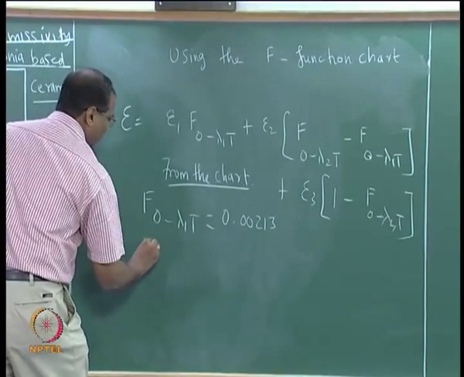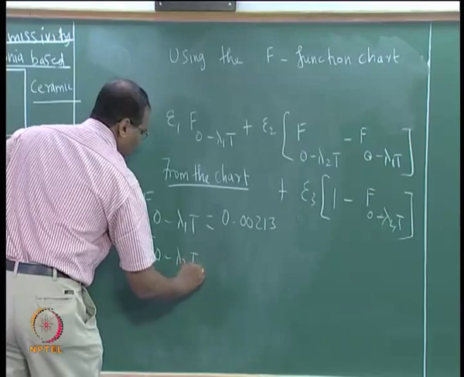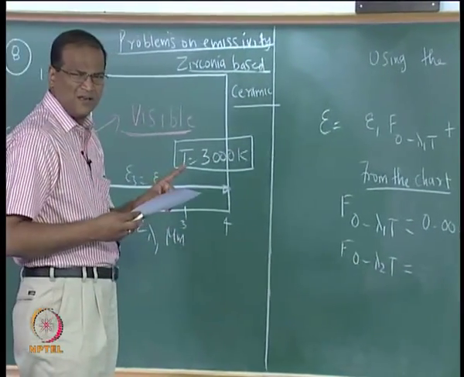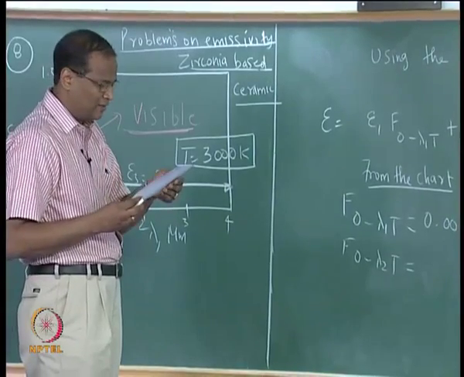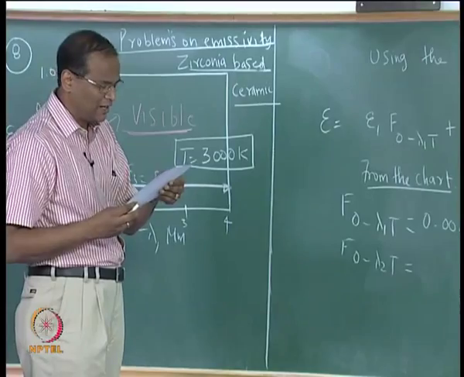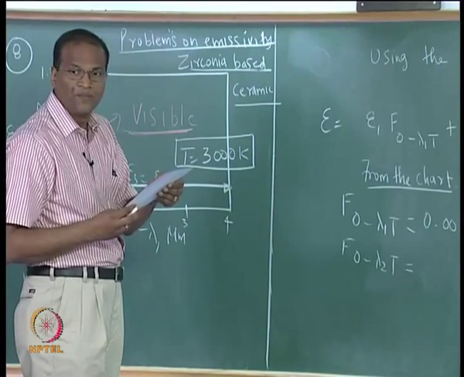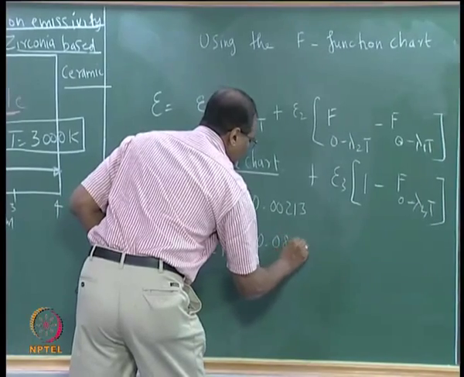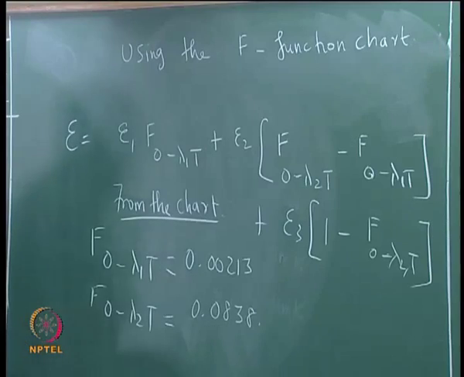F of that is for 0.7, 2100, correct. For 2100 you have to do some interpolation. What did you get? 0.08. Okay, so we got these values.